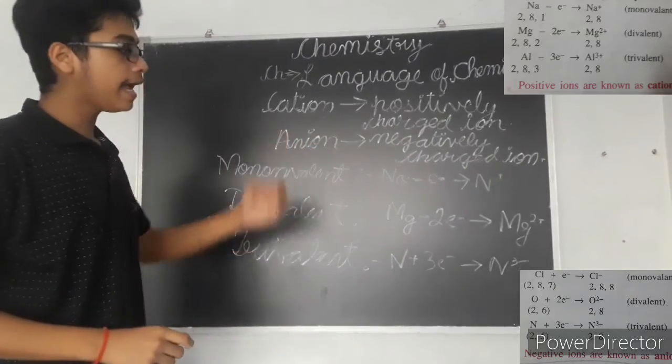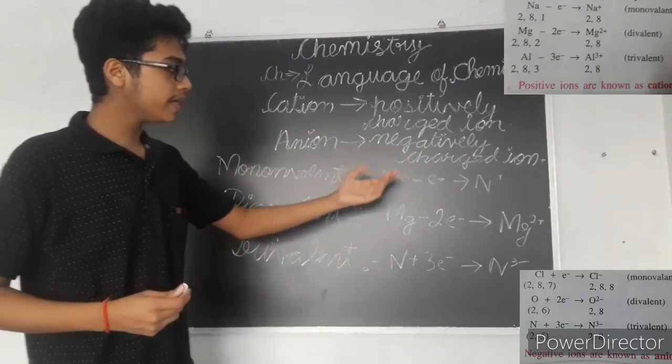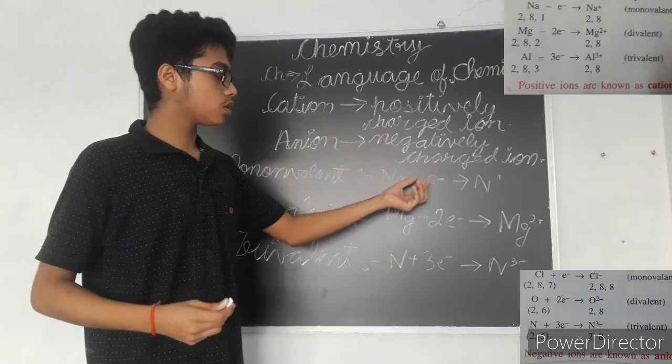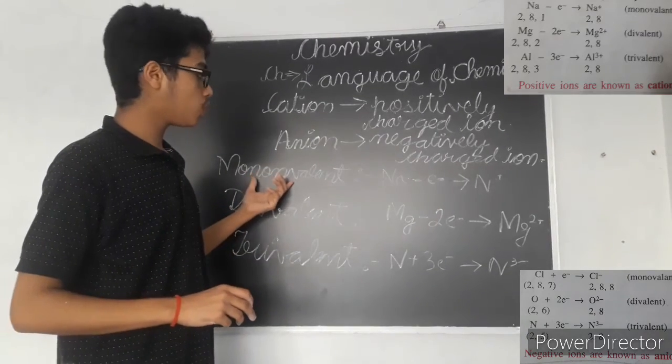When an atom gives one electron or takes one electron, it is called monovalent.